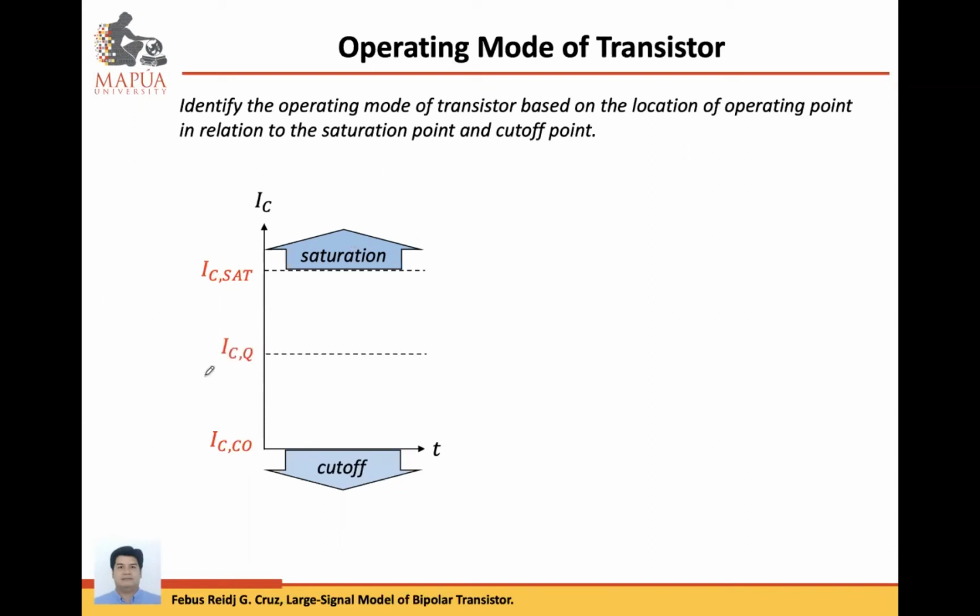But if the operating IC, denoted by ICQ, where Q means quiescent or operating point, is within the saturation and the cutoff, then the transistor is in the active mode of operation. Okay, is that clear?